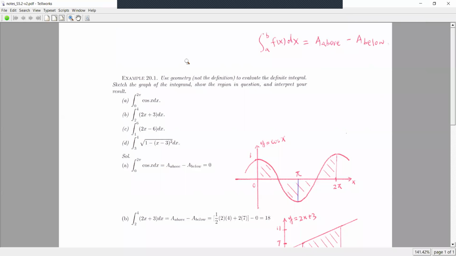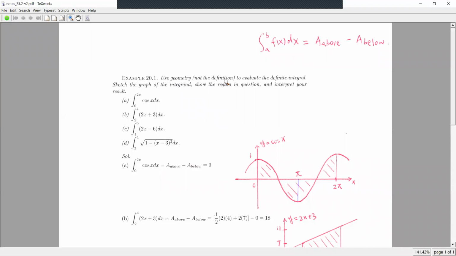Now, let me show you some examples about this formula. This formula says that the integral of a general function is net area. Example 1. Use geometry, not the definition, to evaluate the definite integrals below. Definition is tedious, right? 4 steps.